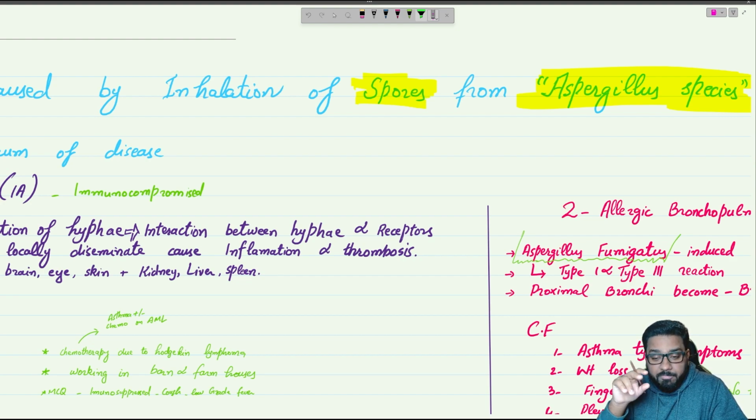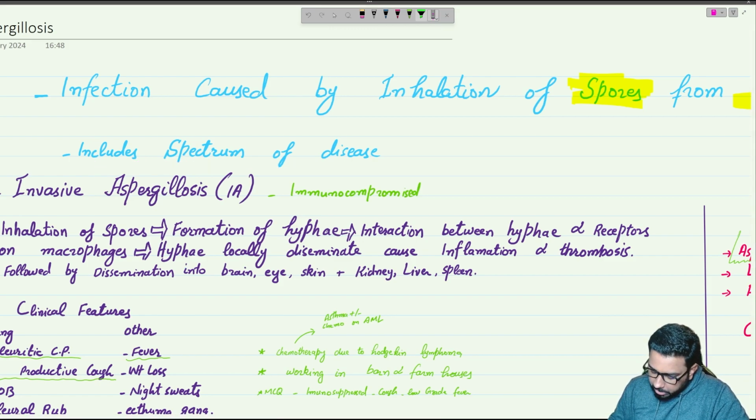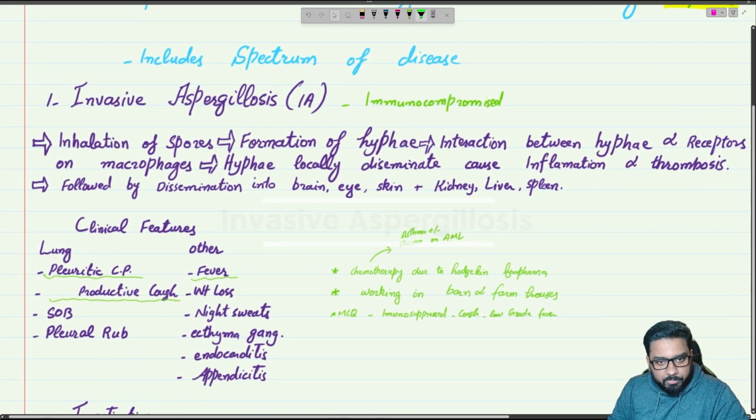Now, there are various forms of aspergillosis. So we are going to talk about all of these forms. It includes a spectrum of disease. Number one is invasive aspergillosis.